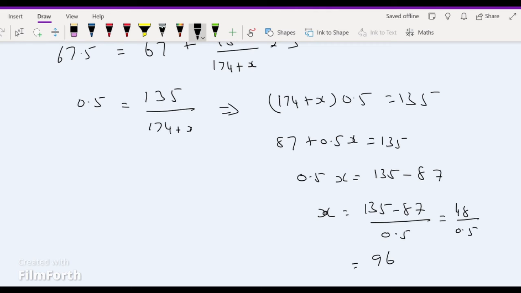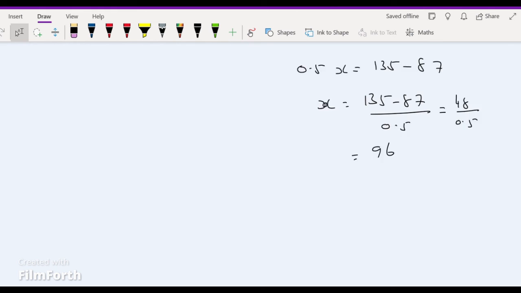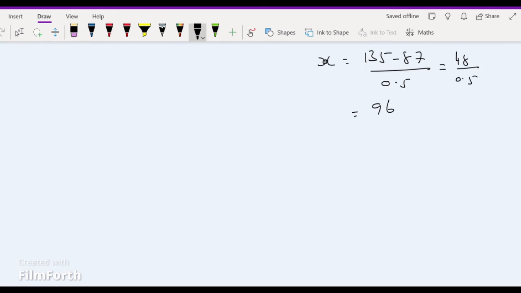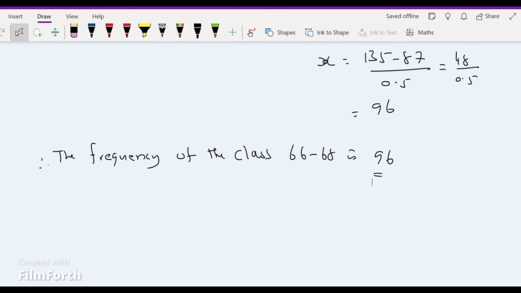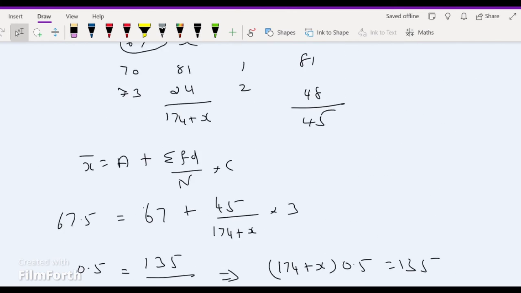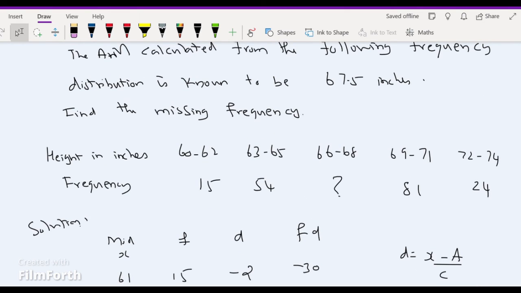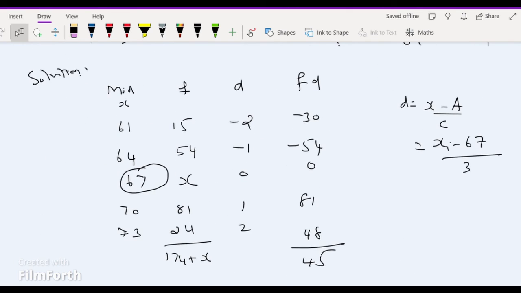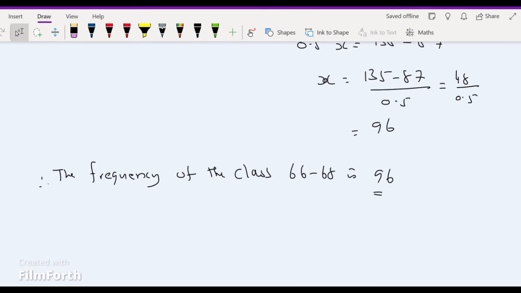So the frequency of the class 66 to 68 is 96. So the missing value for 66 to 68 is 96.